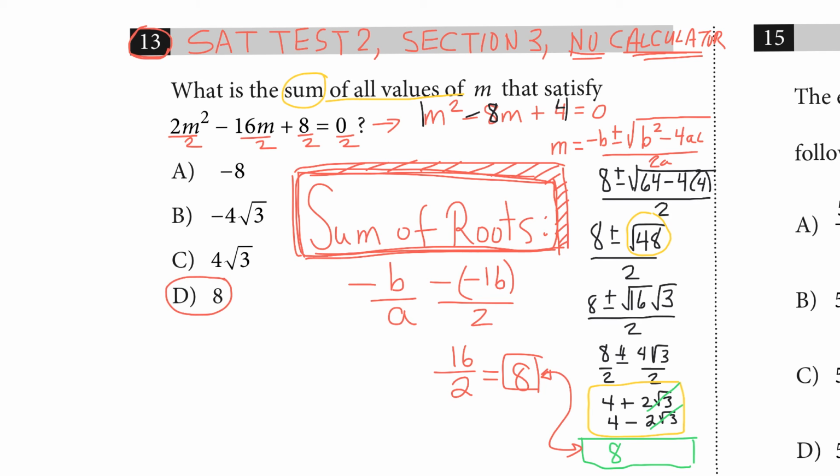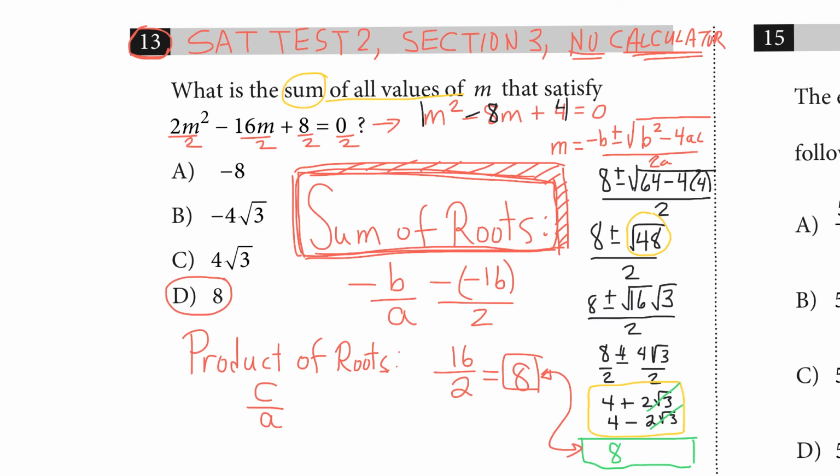Now, as an added bonus, in case they ask for the product of the roots, I will give you a formula for the product of the roots for any quadratic equation. It's going to be c over a. So in this test, they're asking for the sum of the roots.